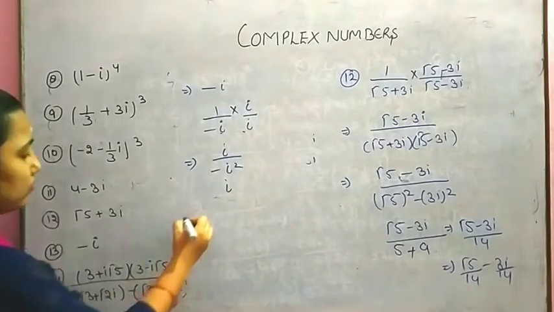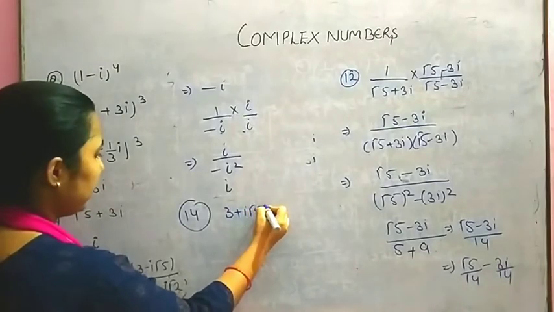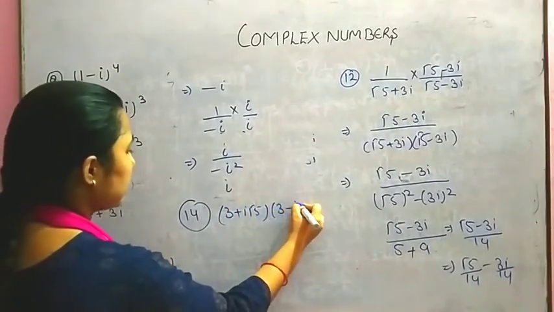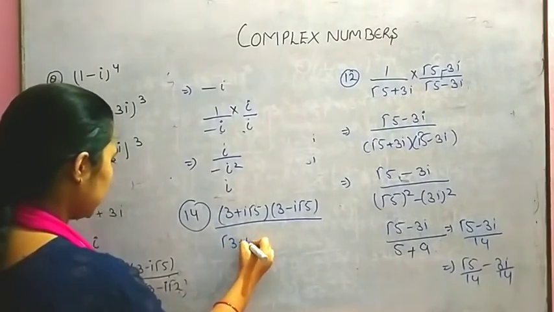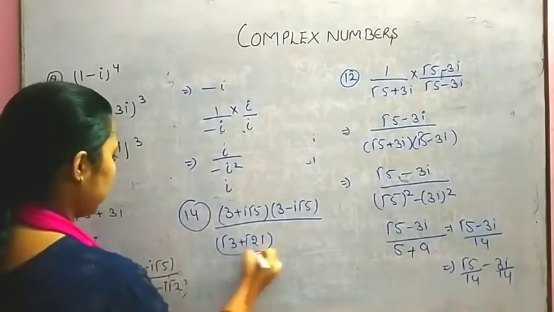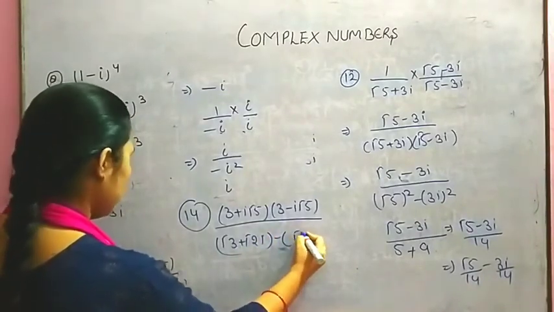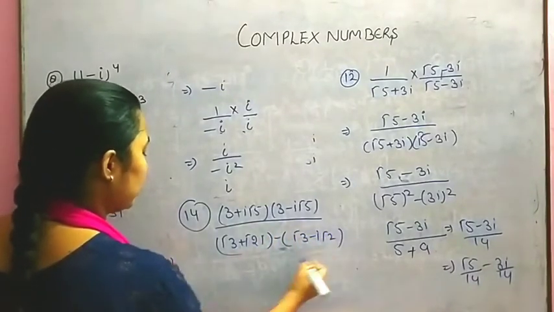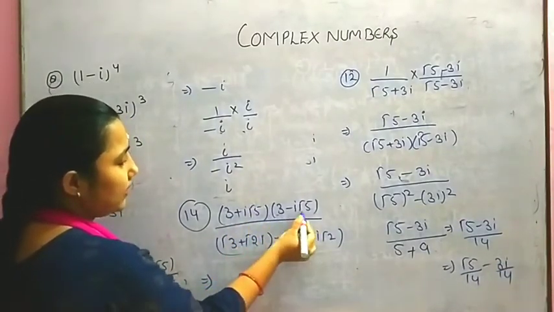Now the next question, question number 14. (3 + i root 5)(3 - i root 5) upon (root 3 + root 2 i) and minus (root 3 - i root 2). Just simply solve. Firstly apply the (a + b)(a - b) formula.